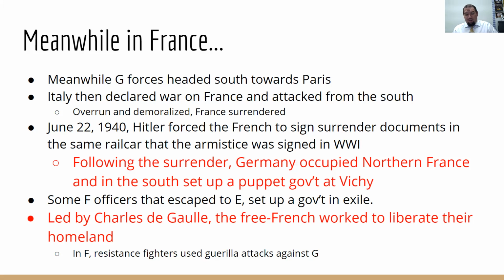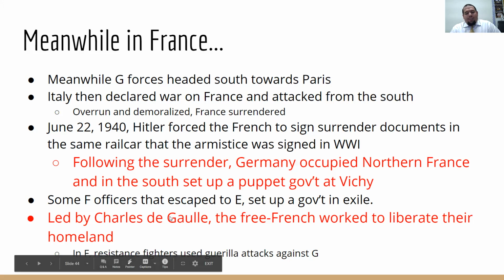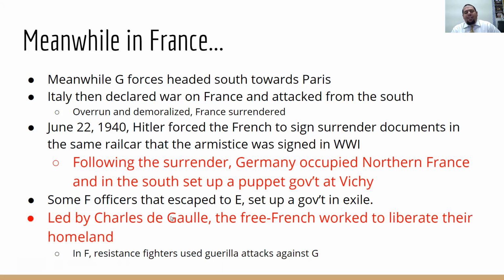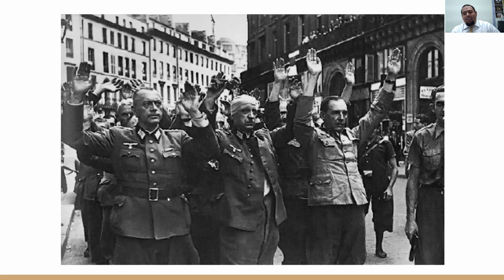They're led by a man named Charles de Gaulle, and he and the Free French worked together to liberate their land. So in France, some resistance fighters would use guerrilla tactics against the Germans, you know, hit and run, hide and seek, tag you're it. I don't think they'd be tag you're it.